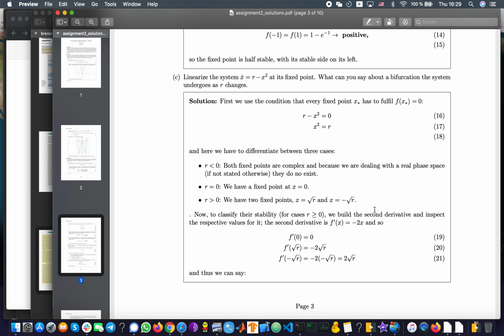actually, because it is x dot, it's not exactly the second derivative. It's the first derivative of x dot, which is equal to f of x.